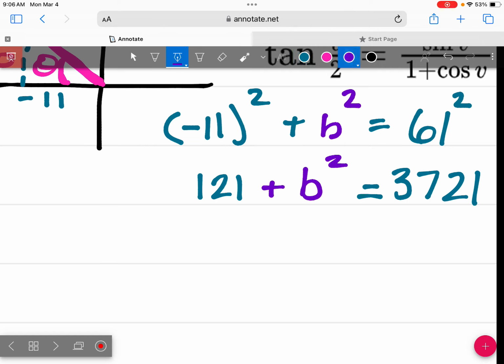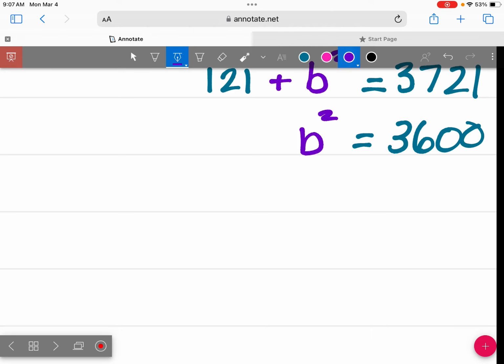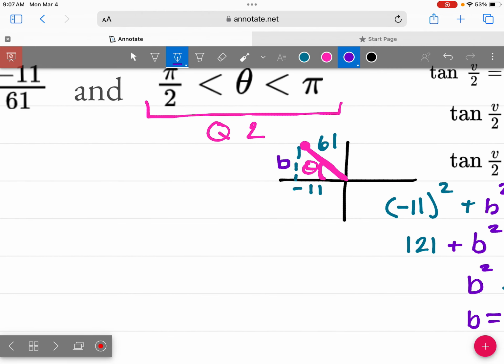So what is b squared going to equal? You jumped ahead a step. So what does b equal? Yeah, you're right, you just jumped a step on me. So our b equals 60.